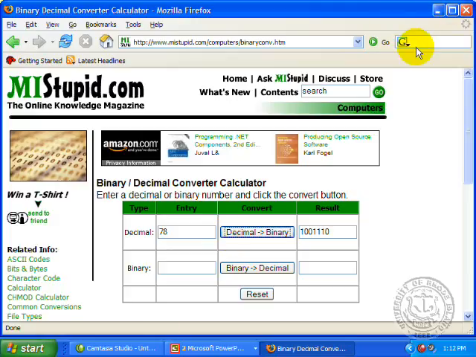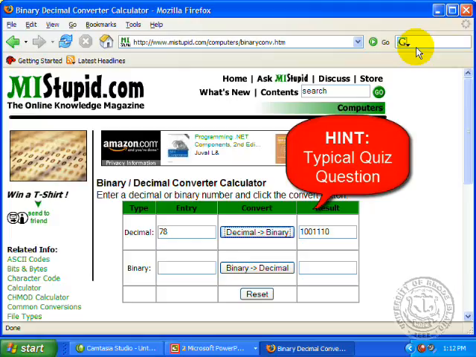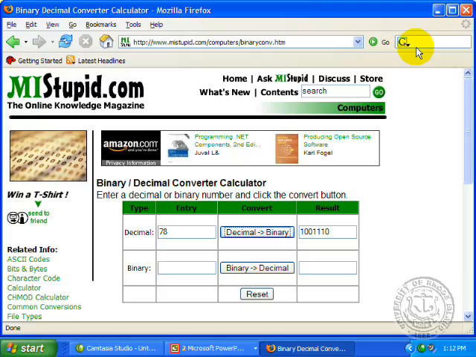We give you the website just so you can practice, because this is a very typical kind of quiz question, either decimal to binary conversion or binary to decimal. And it also gives you an appreciation for what the computer does very quickly internally when you type a number like 78 into a spreadsheet program, the computer has to translate it so that it can open and close switches in a pattern such as the binary shown here.